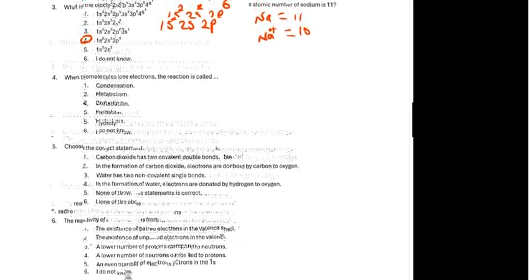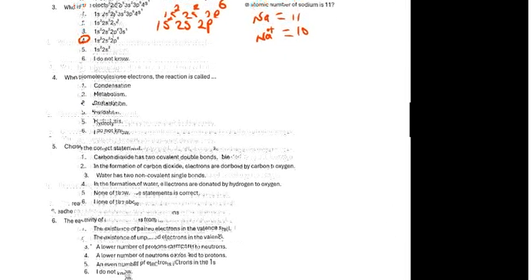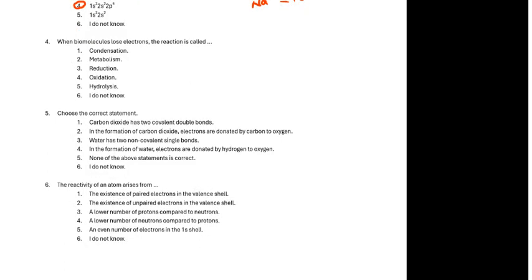So let's go to question 4. Question 4 says, when biomolecules lose electrons, the reaction is called, so loss of electrons is called reduction. No, it's called oxidation. So loss of electrons is called oxidation.